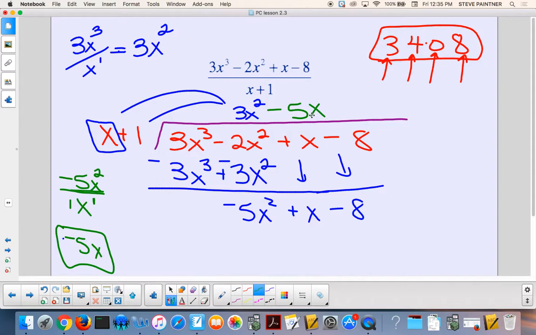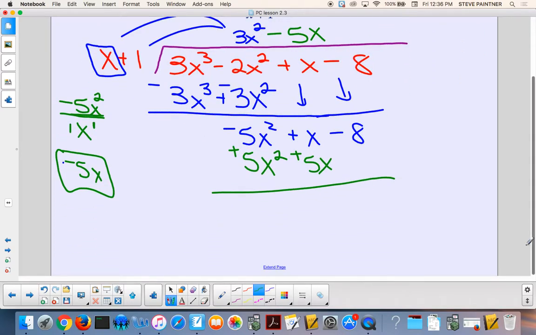Multiply, get negative 5x squared plus or minus 5x. Now subtract, and when you subtract, you're adding the opposite. And the x squared terms are gone. The x terms make 6x take away 8.